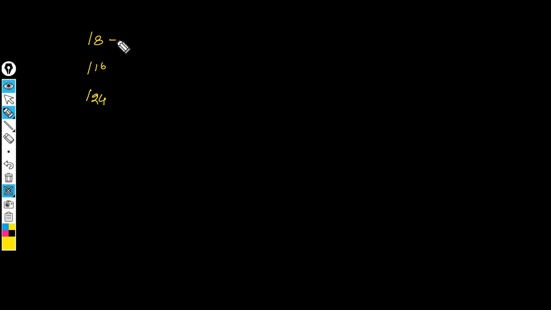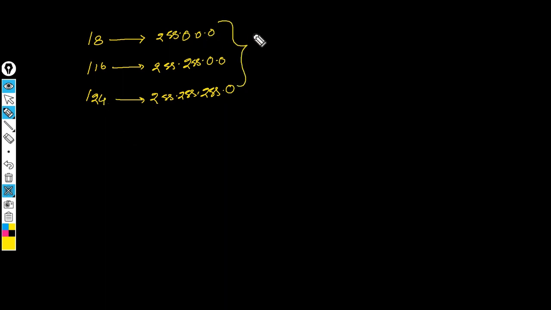If I want to write down the subnet mask for this in decimal format, it will be 255.0.0.0. For this, it will be 255.255.0.0. Hope you remember this concept since we discussed it in the basics of IP addressing. This is the default subnet mask. If you want to calculate the wildcard mask, it is basically the opposite of the subnet mask.